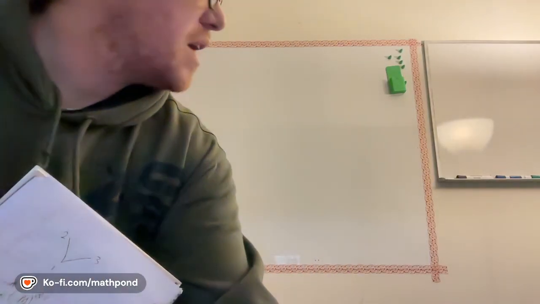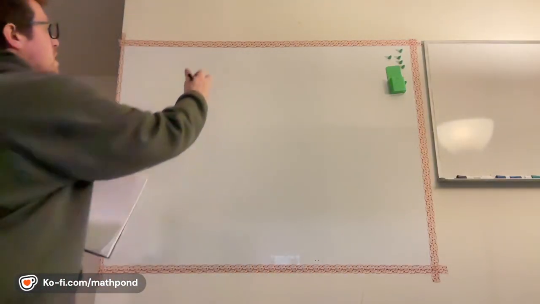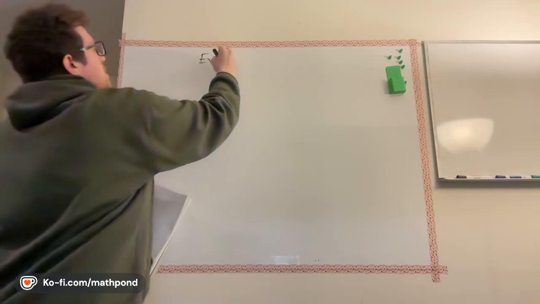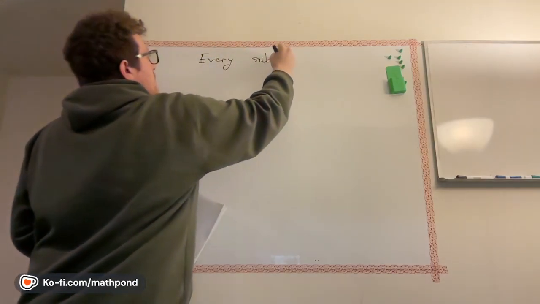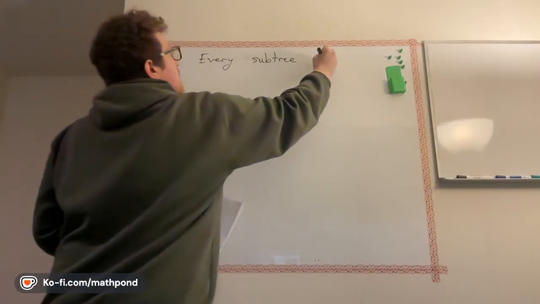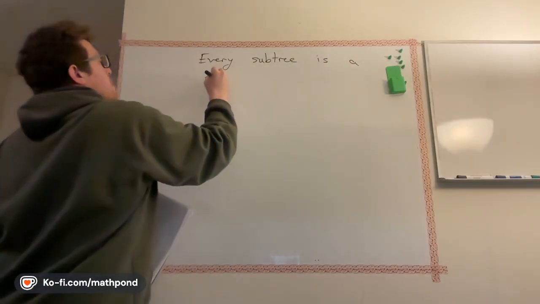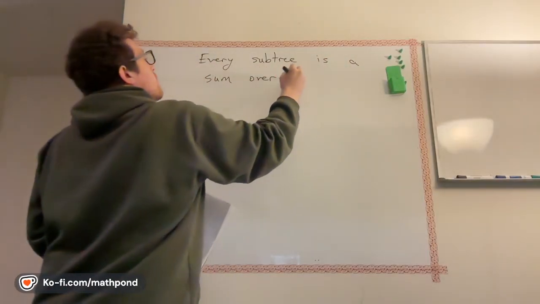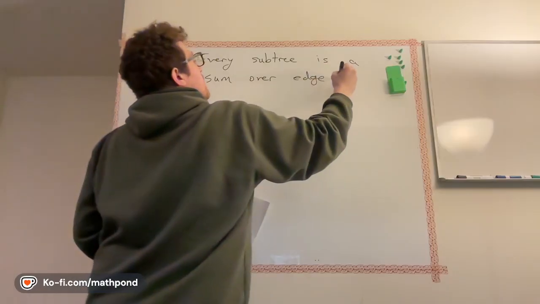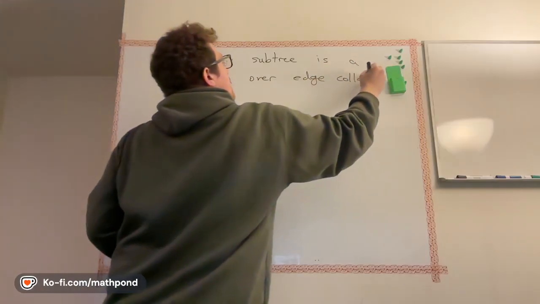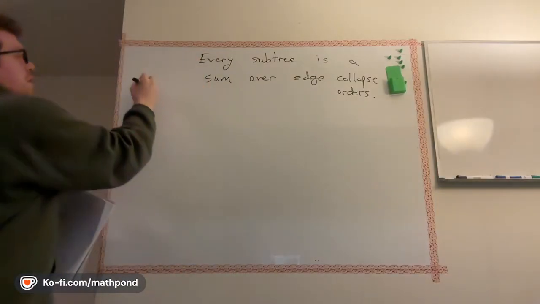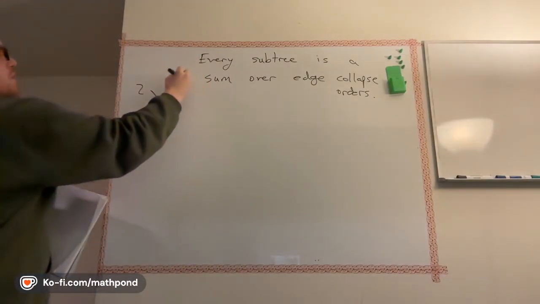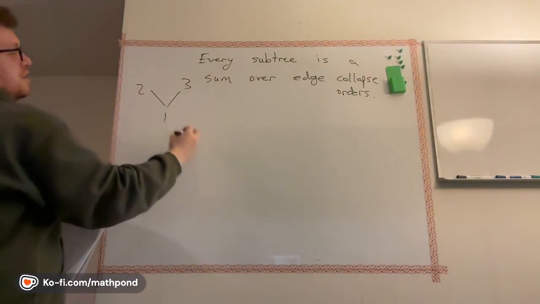So given the graph, every subtree is a sum over edge collapse orders. And for our example 1, 2, 3, I can collapse 1 into 3 first.